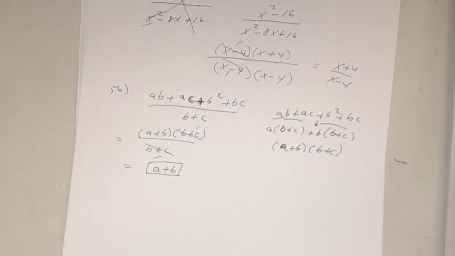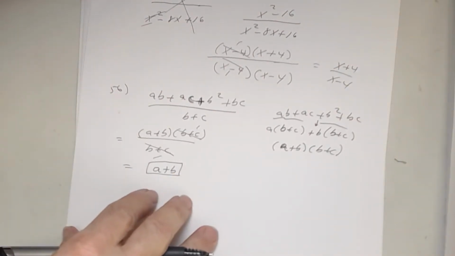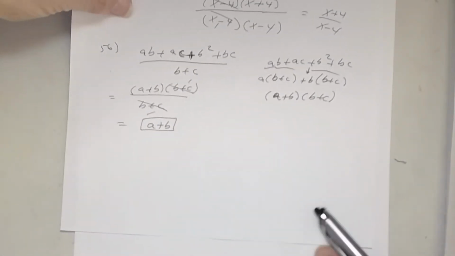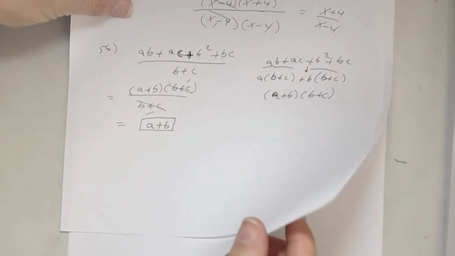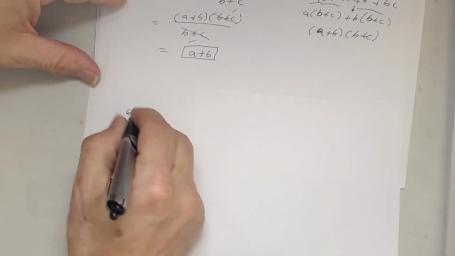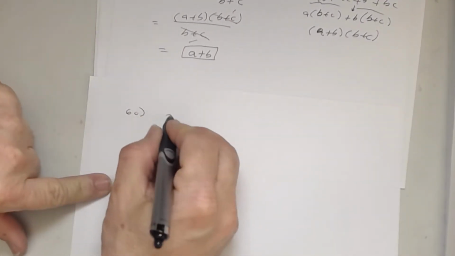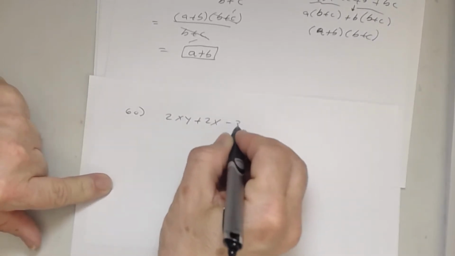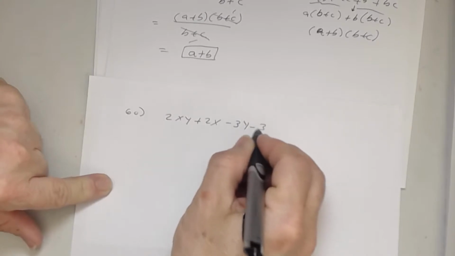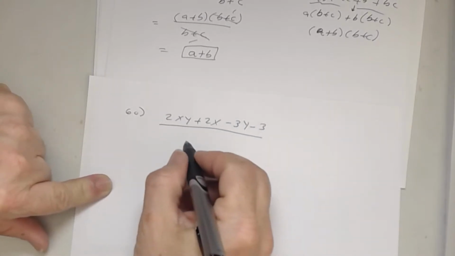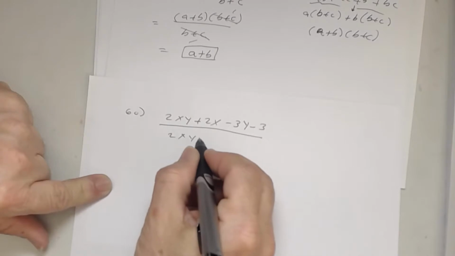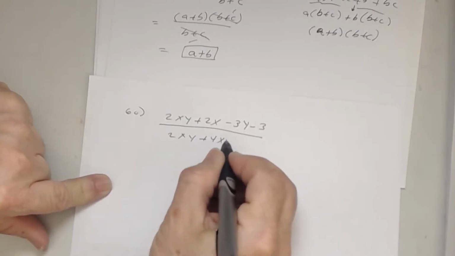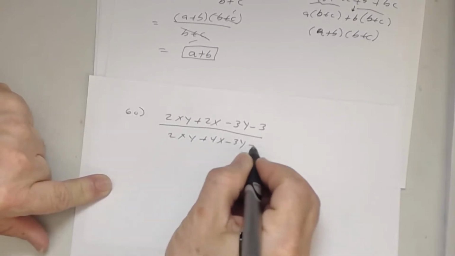All right, 60. So remember, in order to be able to do this chapter, you have to know how to factor. You have 2xy plus 2x minus 3y minus 3 divided by 2xy plus 4x minus 3y minus 6.